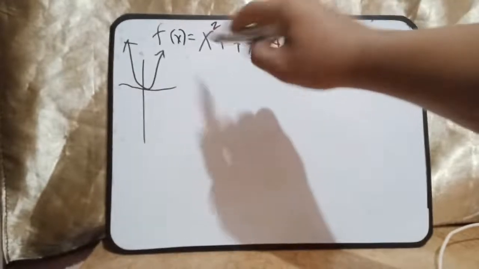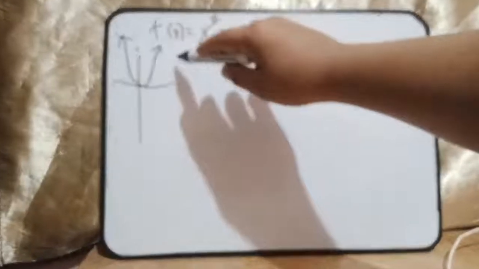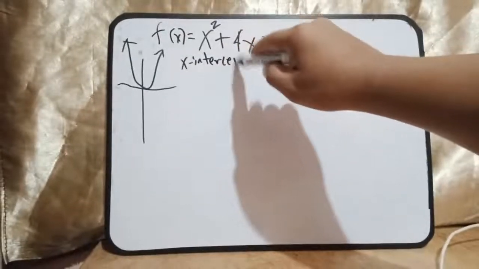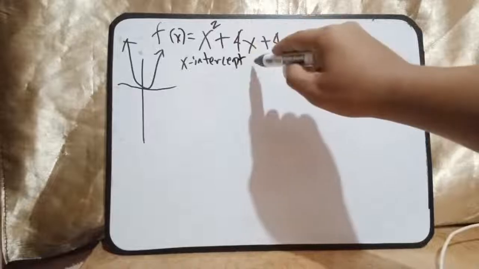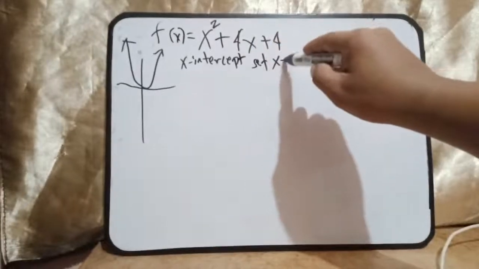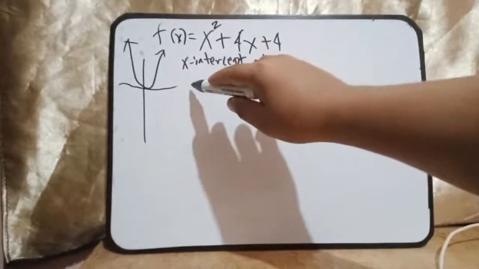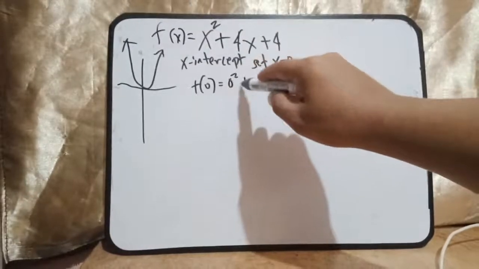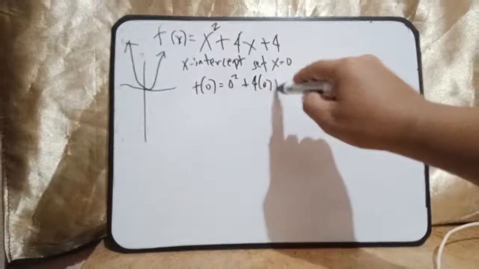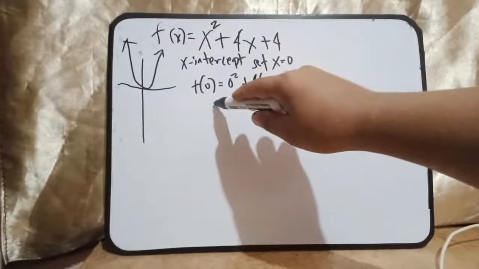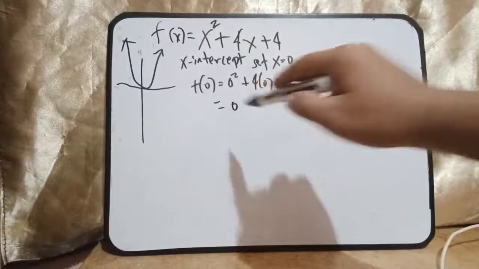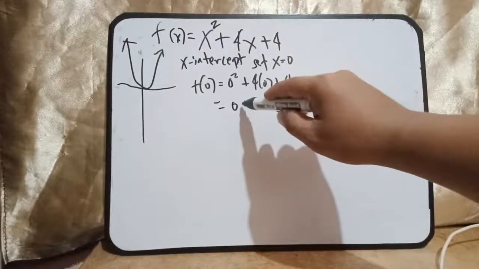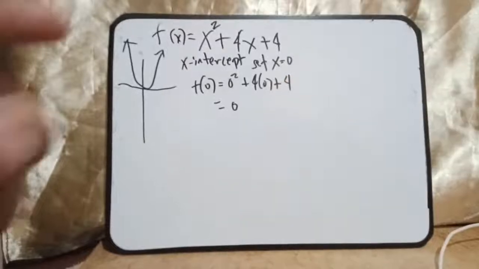So let's solve for x-intercept. Set x is equals to 0. So, f of 0 is equals to 0 squared plus 4 times 0, and then plus 4. So, we have 0, and then 4.